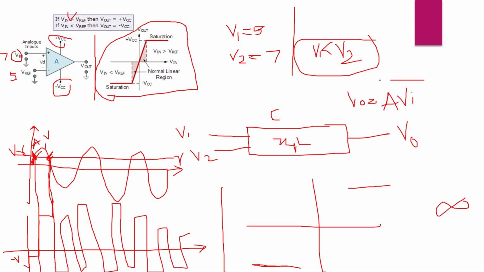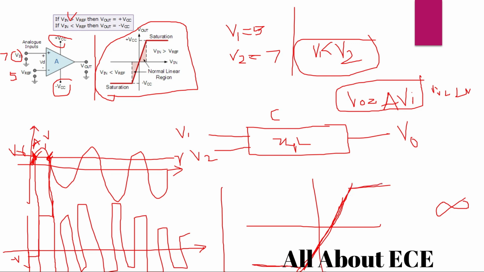Suppose we are not considering A as infinity, but some finite value. Then V naught is equal to A Vi, which means y is equal to mx plus c, right? In that case, we get this output. After that, once it crosses this point, it reaches plus saturation voltage, and once it crosses the next point, it reaches minus VCC.